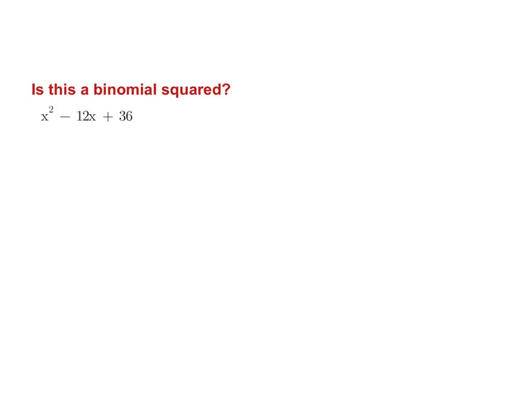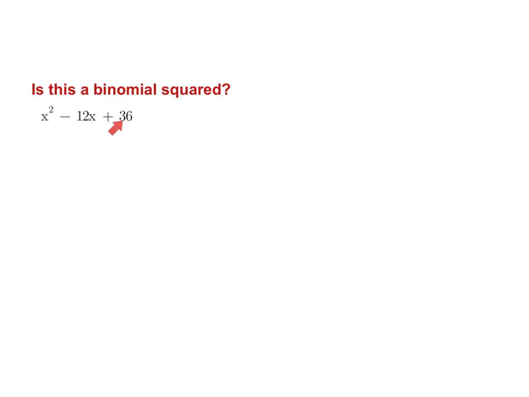Look at an example. Is this a binomial squared? Okay. Now, here's how we figure this out. Just like those last couple lines that you wrote in your notes, I take the square root of x squared. What is that? X. Square root of x squared is x. Square root of 36.